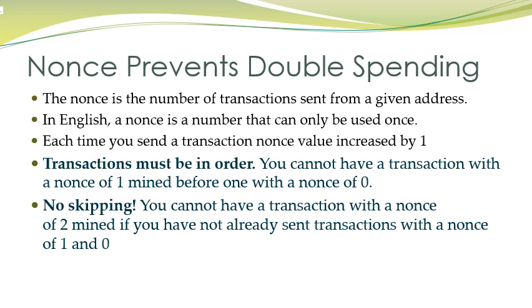Each time you send a transaction, the nonce value is incremented by 1. So in the blockchain network, each time the sender initiates a transaction, this nonce value is increased by 1. The transactions must be in order. Suppose we start the transactions with nonce value 0.